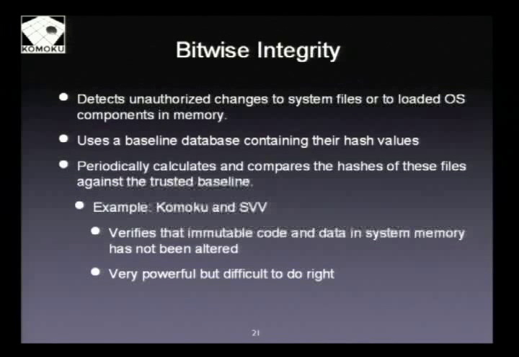There are two things that we're aware of that are doing bitwise integrity. Our product, and Joanna's SVV, which she's released. It's fairly well known. It's been used by a lot of people in the file system, like I said before. The really interesting thing about it is it's incredibly powerful, but it's also very, very difficult to do on a wide scale.